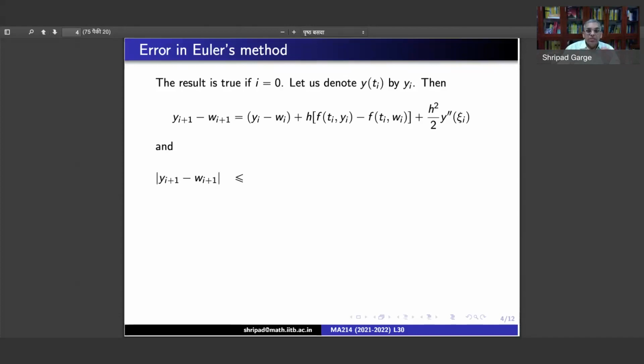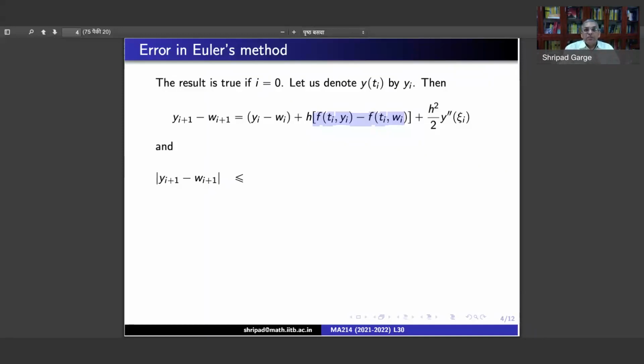Moreover, we observe that this quantity inside the square bracket has the first coordinate the same. So it is f(t_i, y_i) minus f(t_i, w_i), and our function is continuous, but moreover it satisfies the Lipschitz condition. So that would mean that this highlighted quantity in the modulus sign is less than or equal to L times |y_i minus w_i|.